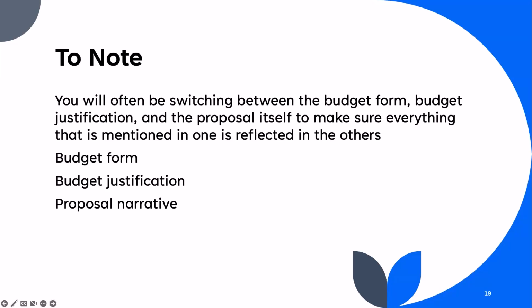And every single thing in the budget form and budget justification should be reflected in the original proposal narrative. What you don't want is to write something in your proposal and forget to put it in your budget, because then it likely isn't going to happen since it's not being funded, right? The whole point of the budget is to request the funds for each component of your project.